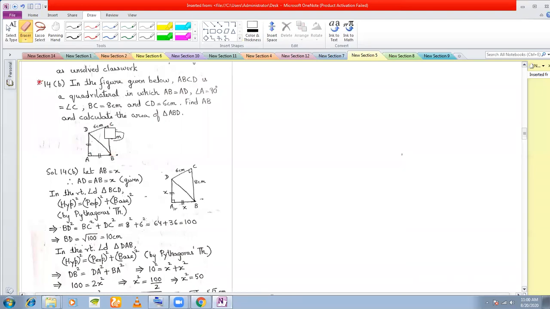Tell me something, what is the right angle triangle which has two equal sides called? Can you tell me? Suppose this is a right angle triangle and... So isosceles right angle triangle. Exactly, isosceles right angle triangle.